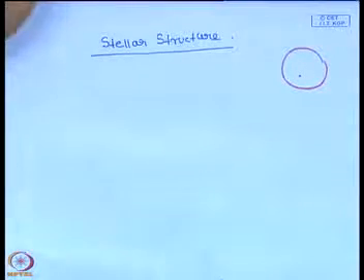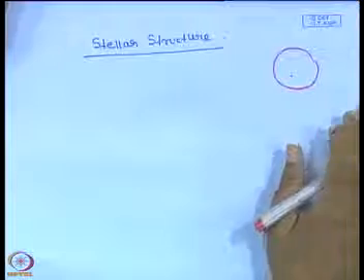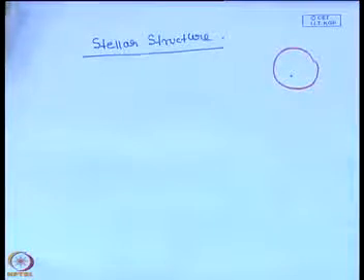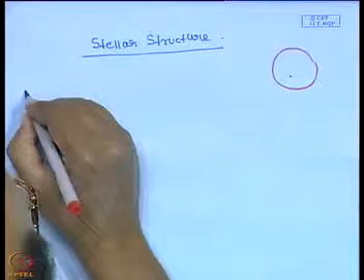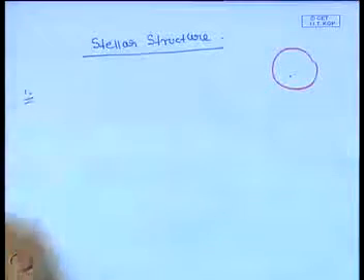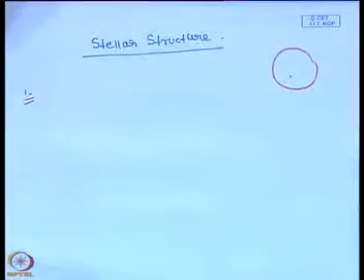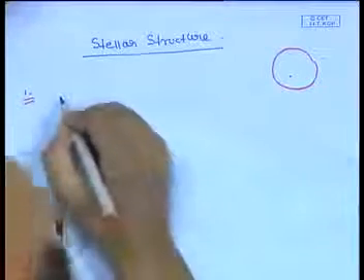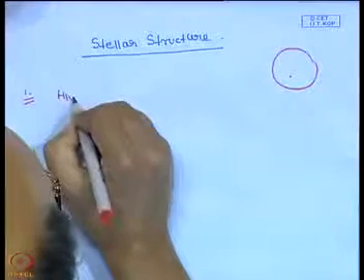Okay. So, there are 4 equations governing the structure of a star. The first equation is the equation of hydrostatic equilibrium. Okay.